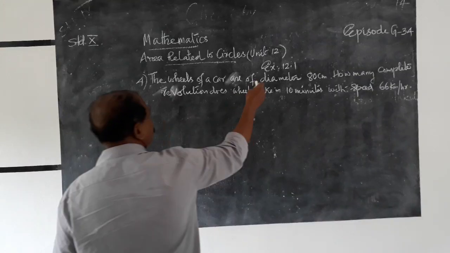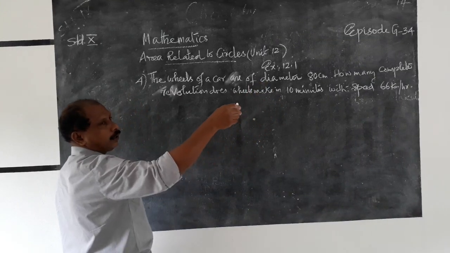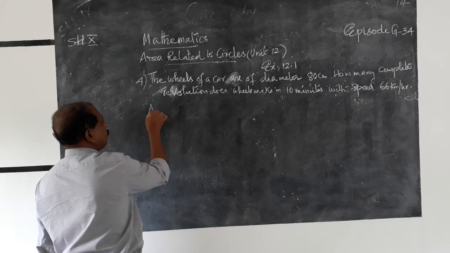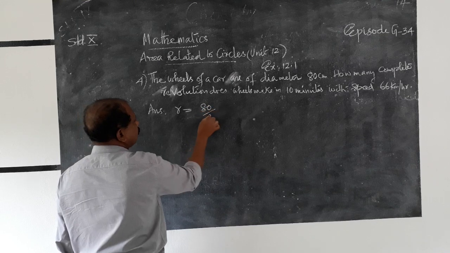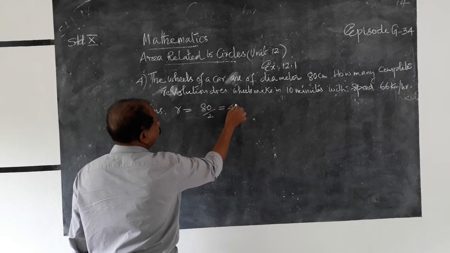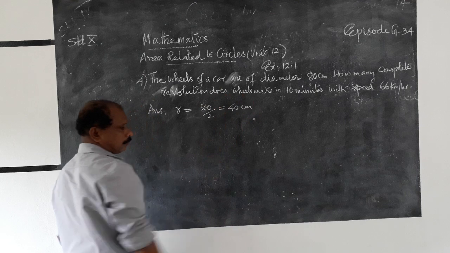Therefore, the diameter of the car wheel is 80 centimeter. That means r is equal to 80 by 2, 40 centimeter.